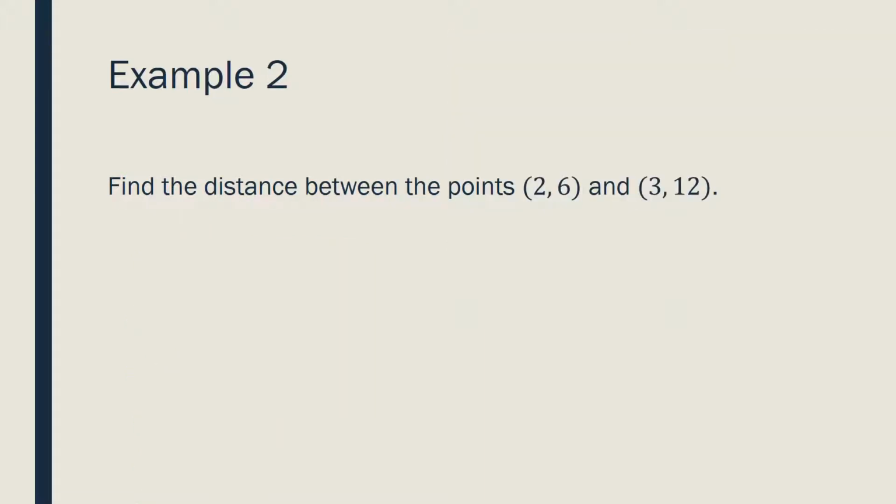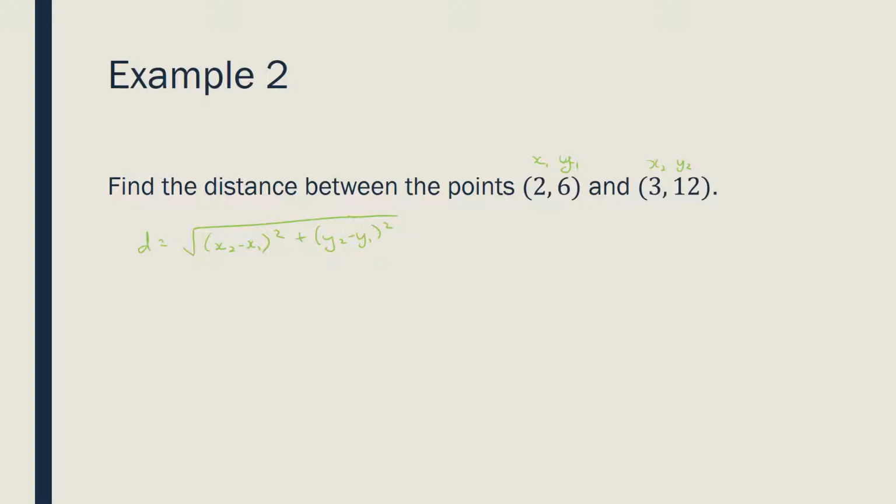Okay, in the second one, we want to find the distance between these 2 points. And this is easier because we have our x1, y1, and our x2, y2 already given to us, and we don't need to work them out. So d is the square root of x2 minus x1 squared plus y2 minus y1 squared.